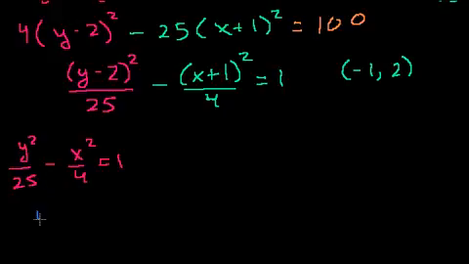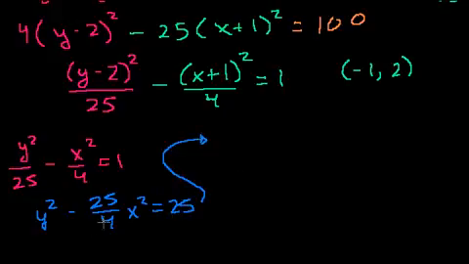Then you get y squared minus 25 over 4 x squared is equal to 25. And then if I add 25 over 4 x squared to both sides, I get y squared is equal to 25 over 4 x squared plus 25.